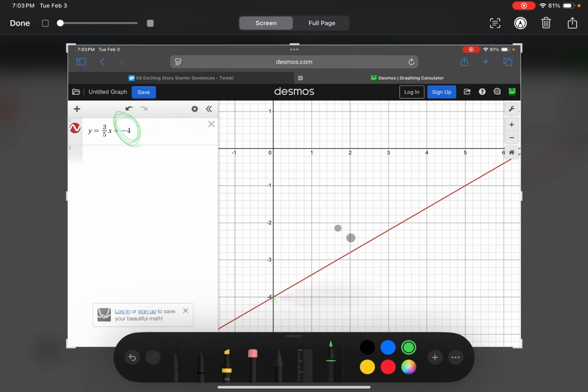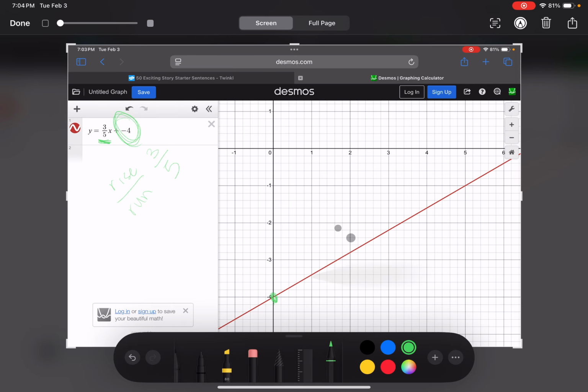And I put a dot right here. Yay, that's easy, right? But I can also look at the slope, which is 3 over 5, right? So my rise is going to be 3, and my run is going to be 5, okay? So if I go up 3, 1, 2, 3, I go over 5.